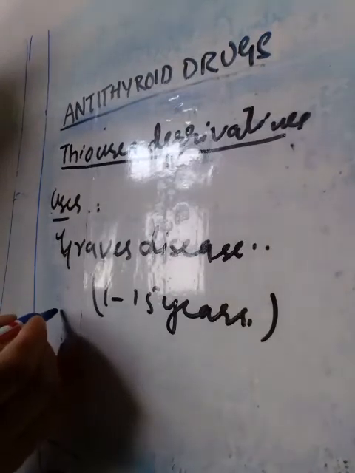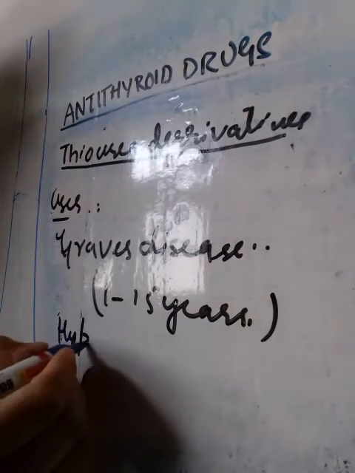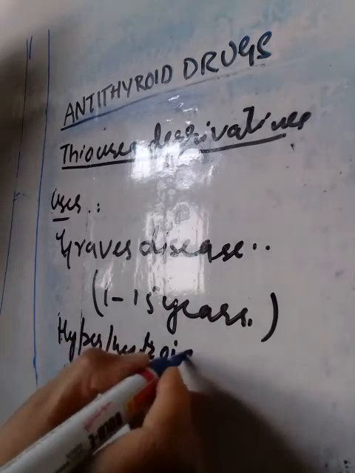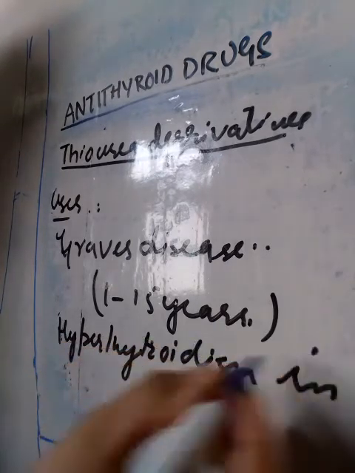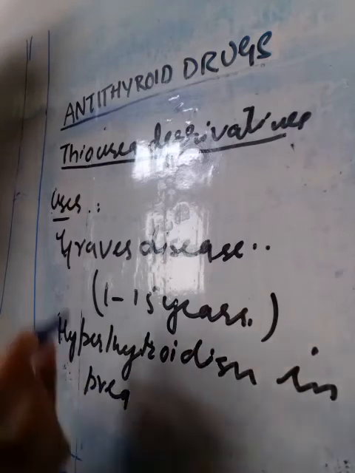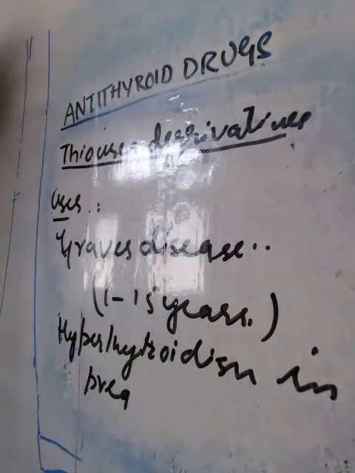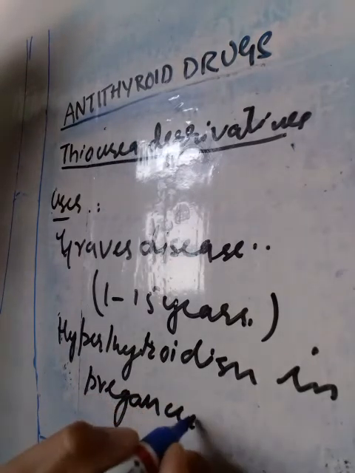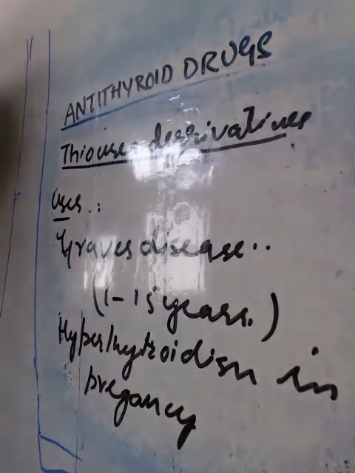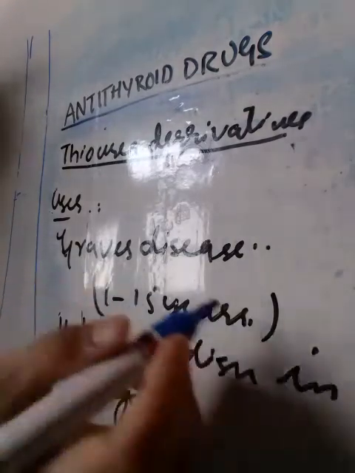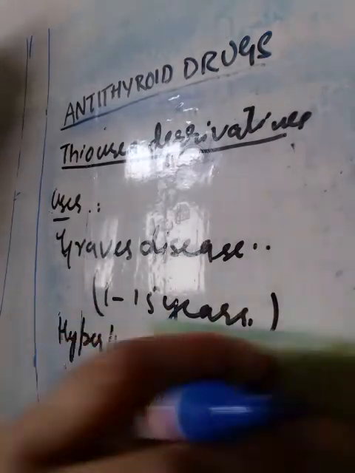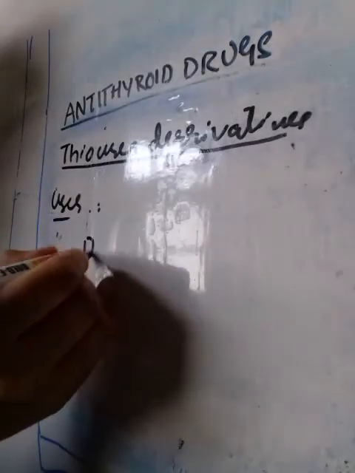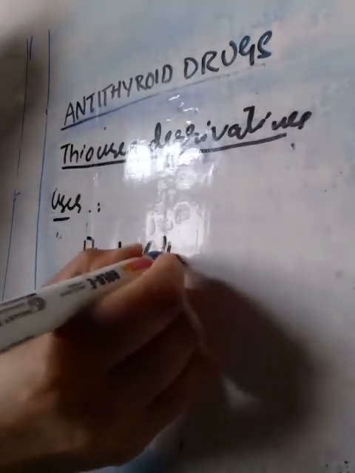Next is hyperthyroidism in pregnancy. In pregnancy, there may be a condition where there is hyperthyroidism. In that case, we give propylthiouracil. That's the preferred drug in case of pregnancy.